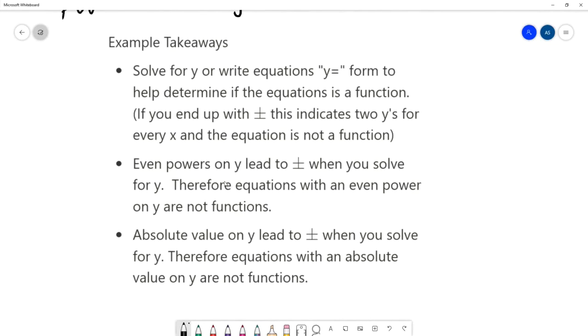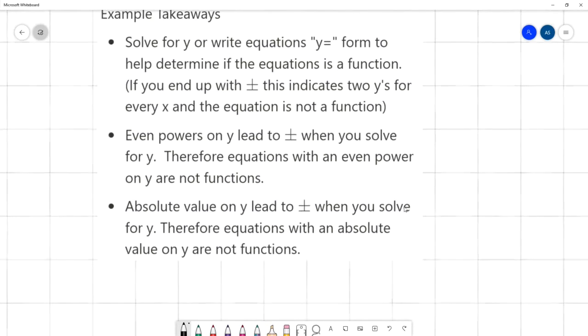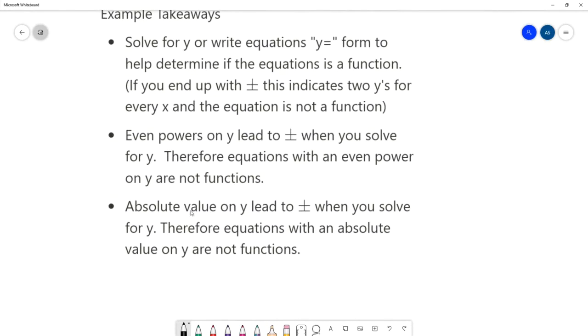So that can be an early or quick indicator that you have something that's not a function: when you have an even power on y. We didn't see this in this example, but another early indicator or shortcut is if you have absolute value around y. That's going to lead to a plus or minus, and that's not a function.